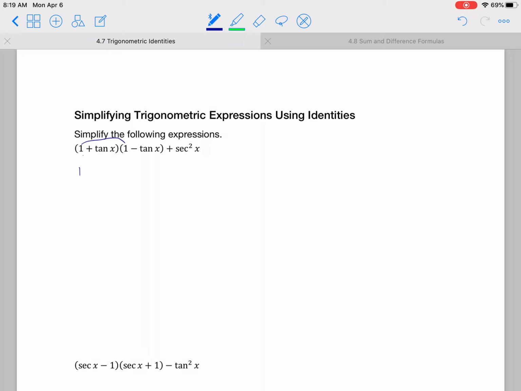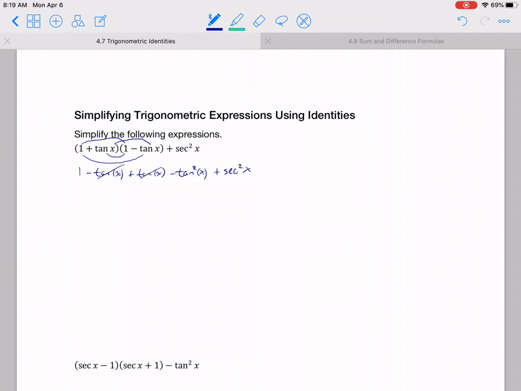I have 1 times negative tangent, that's negative tan x, in case you didn't recognize what this is going to turn out to be. And then we have tan times 1, so that's plus tangent of x, so those two are going to cancel. And then I have tangent times negative tangent, so that's minus tangent squared of x plus secant squared of x.